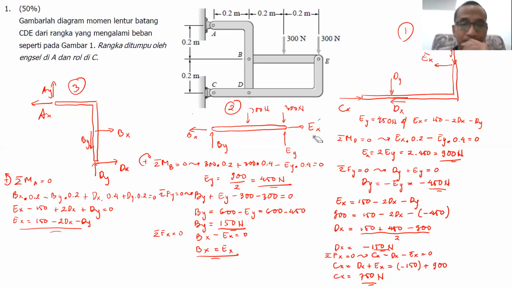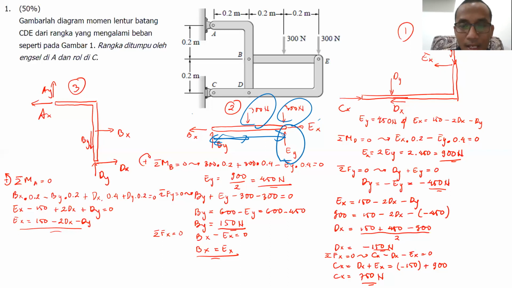Now, in that case, that's why I want to find the value of this. That's why I try to use sigma moment at P at this point. By using sigma moment at P, this is what I will get: 300 Newton multiplied by 0.2, plus 300 Newton multiplied by 0.4, this distance, minus EY multiplied by 0.4.